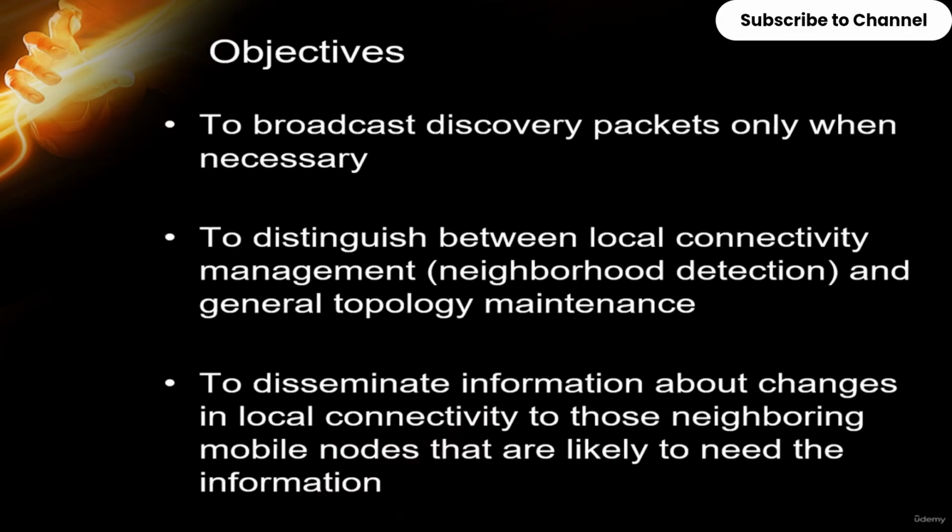Then finally, it disseminates information about changes in local connectivity, that is, the neighbors. Whenever a node is joining or leaving the network, the information is disseminated to whom it can communicate, and it can drop entries from its table, everything being given by the node's address.